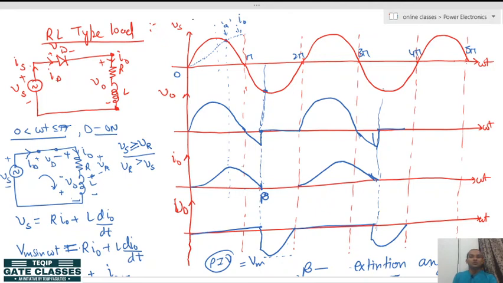In this case also, the time period is 2 pi.